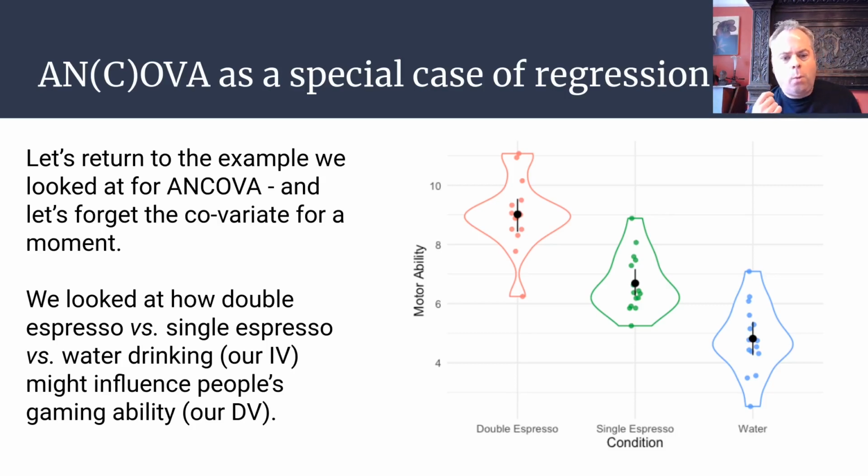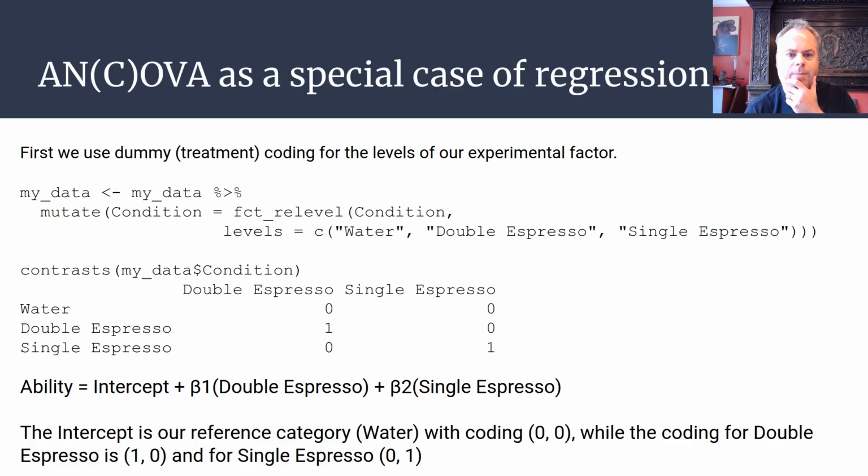We looked at how double espresso versus single espresso versus our water-drinking manipulation might influence people's gaming ability, and we ended up with a visualization like this, where the three groups seem to be relatively clearly separate from each other. So we can code this ANOVA as a linear model, and we're going to use what's known as dummy or treatment coding for the different levels of our experimental factor.